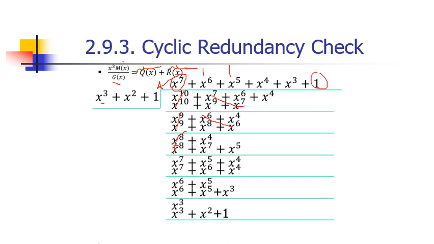You multiply, you get this. So this is your CRC bits. It's a polynomial of degree 2, no x1. So the coefficient of x1 is 0, x0 is 1. So these are the 3 bits to be appended to your original message.